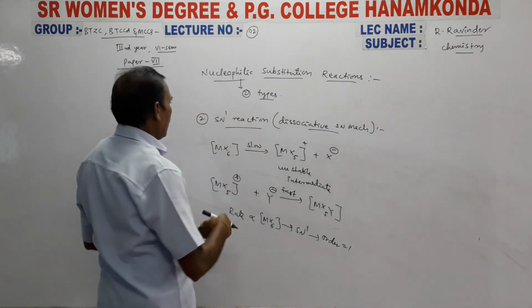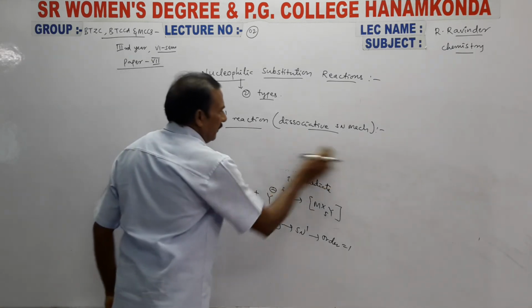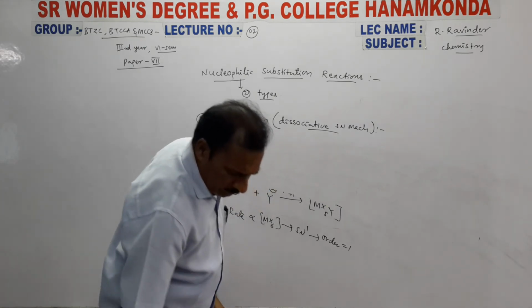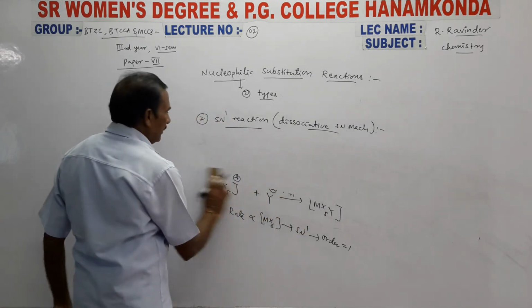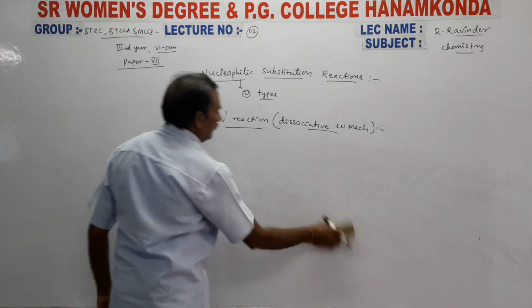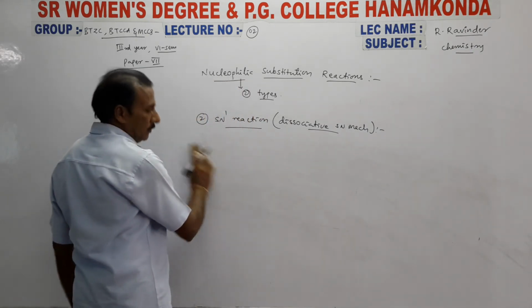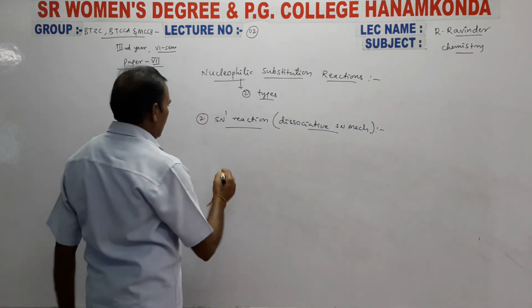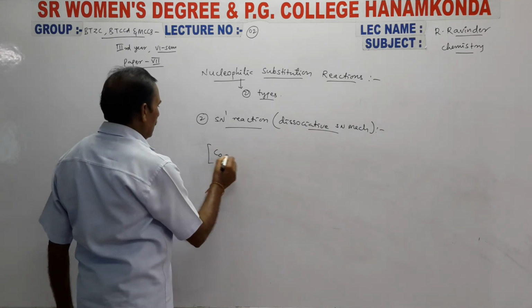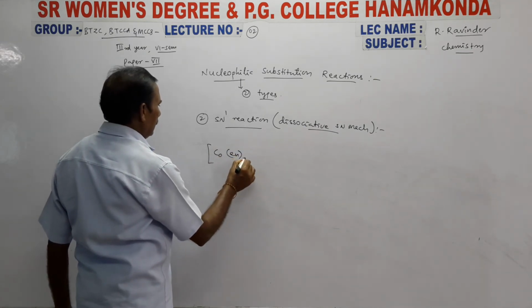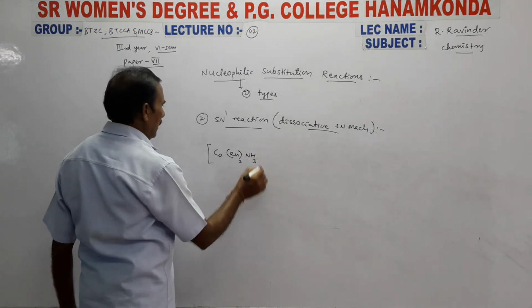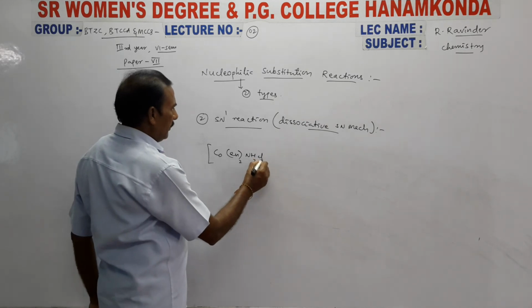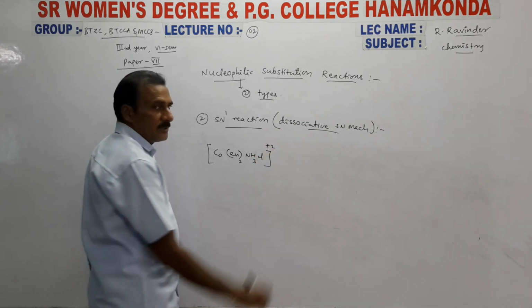Now a chemical example for this: chloroamminebis(ethylenediamine)cobalt, with ammonia and chlorine, in the 2 plus oxidation state.